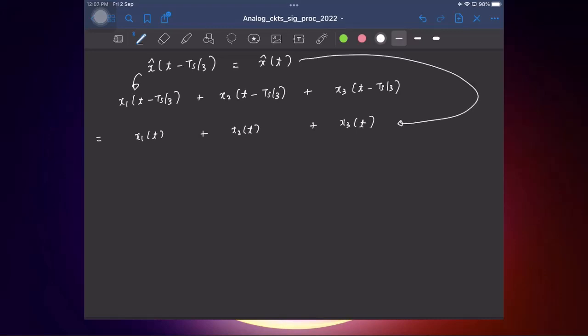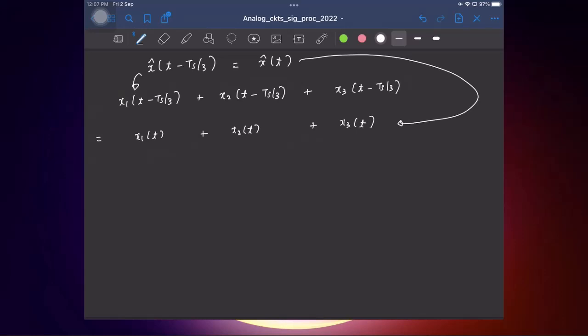Okay. So can you stare at this equation and tell me if it is possible to enforce this equality, or under what conditions? Yeah, I think you got it, right?